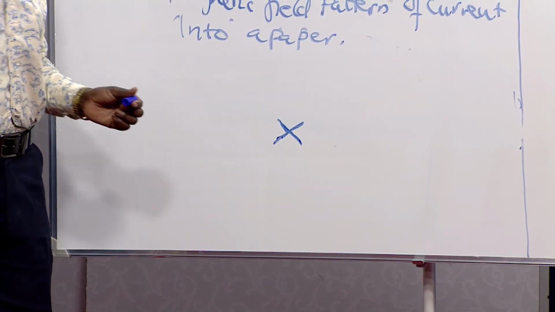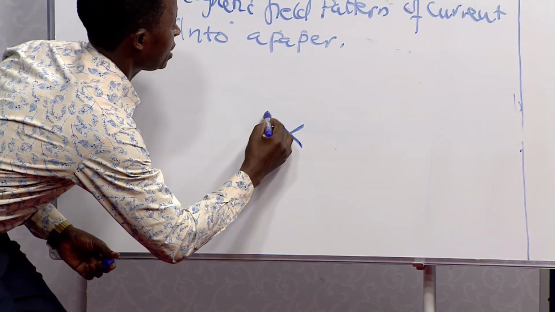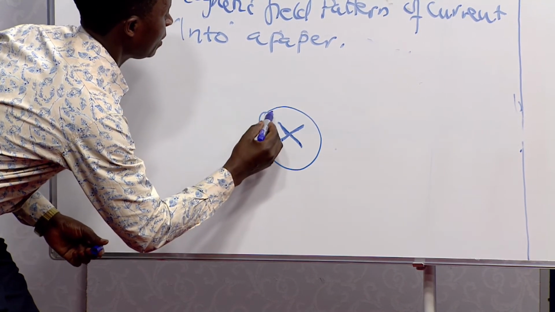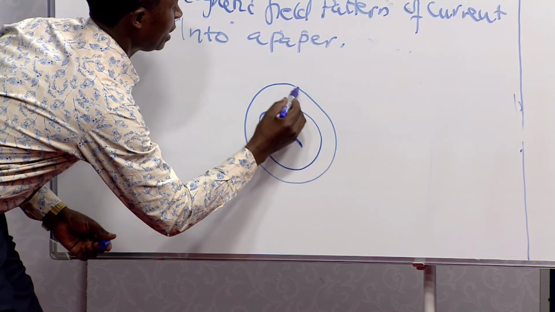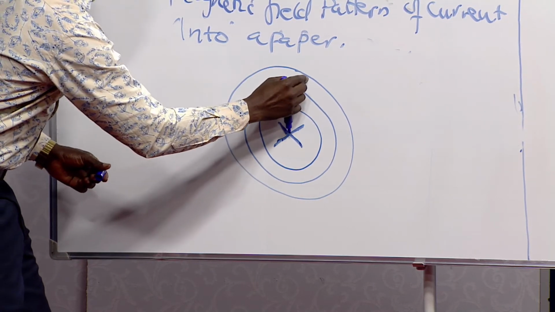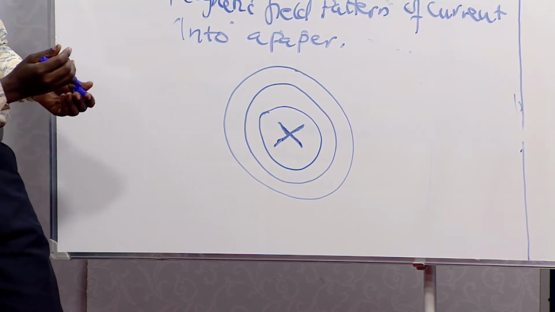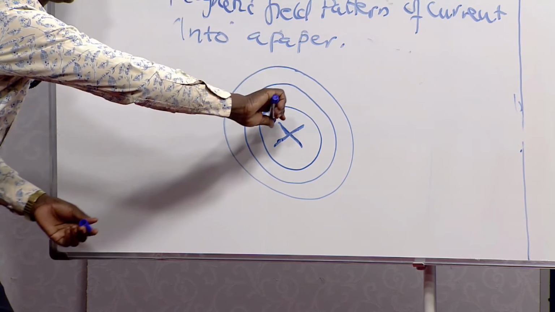That means the current is into the paper. Now we want our field line, the magnetic field. Okay, so we now want the direction, the right hand grip rule.